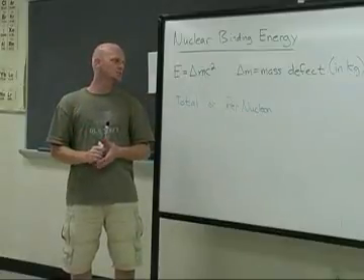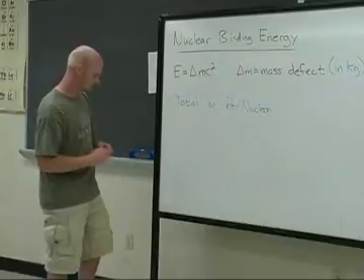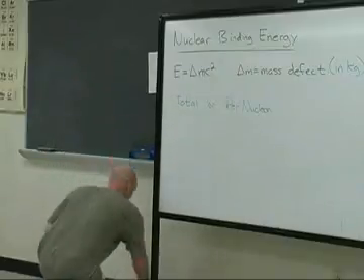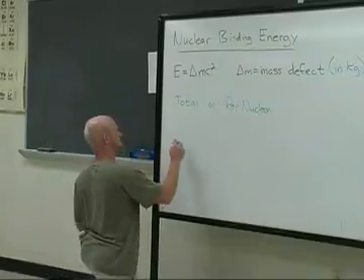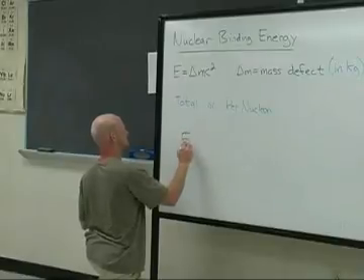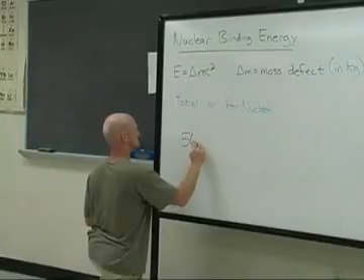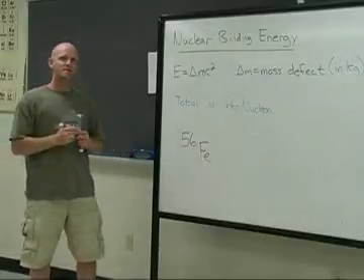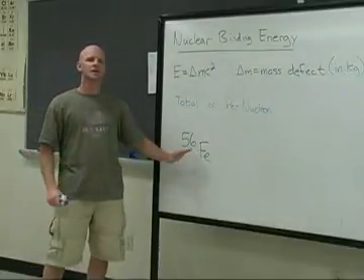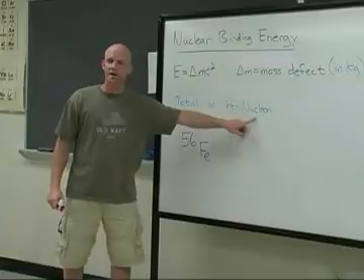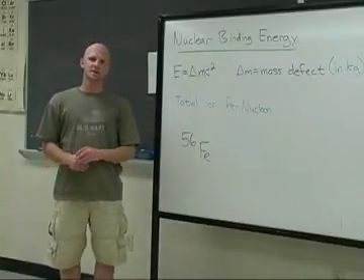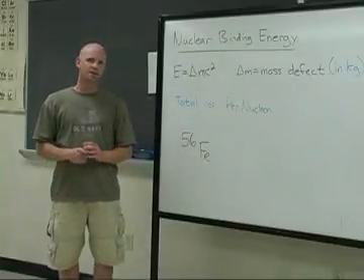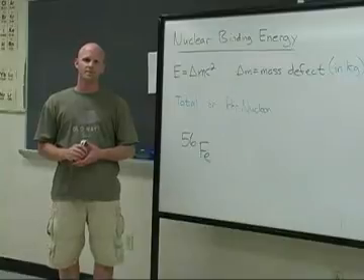So if you look, it turns out that iron 56, I'll write it real big here, iron 56 has the highest nuclear binding energy per nucleon of any element in existence. It is top dog. Nobody's higher.